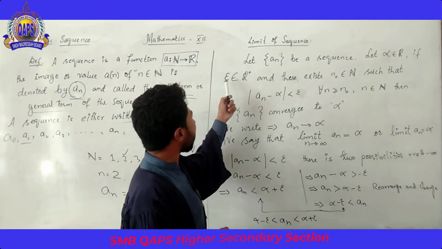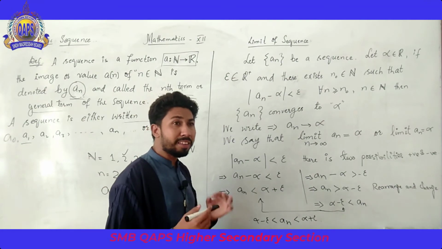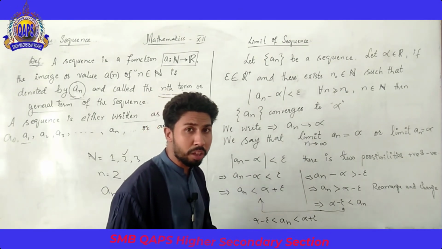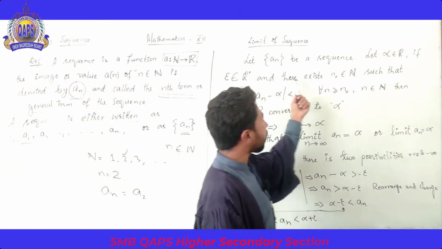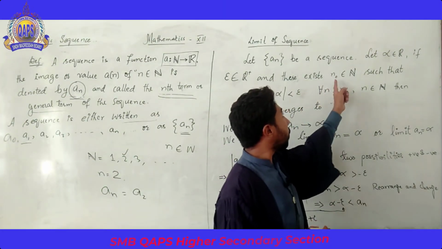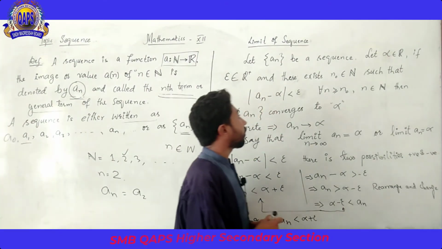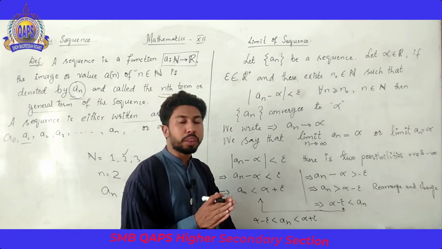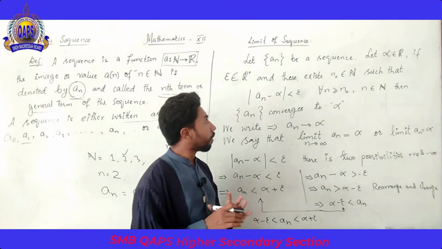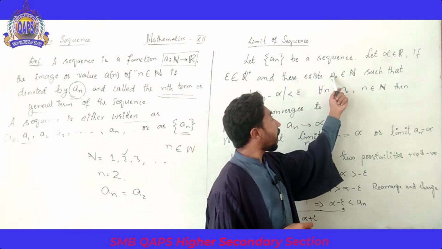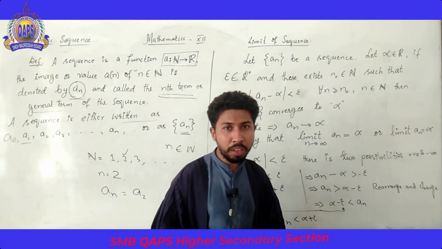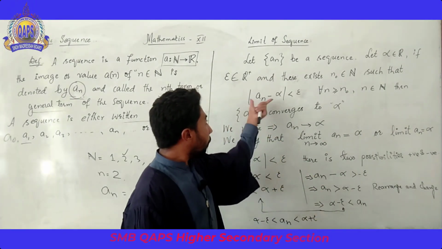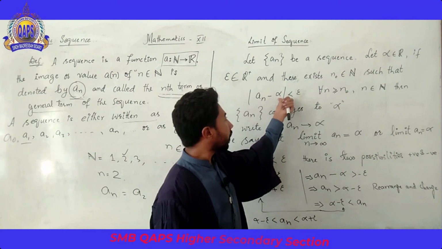If epsilon is a negligible number which also belongs to the positive real numbers, and there exists n naught belonging to the natural numbers, where n naught represents a point lying in the positive direction, such that modulus of a_n minus alpha is less than epsilon.